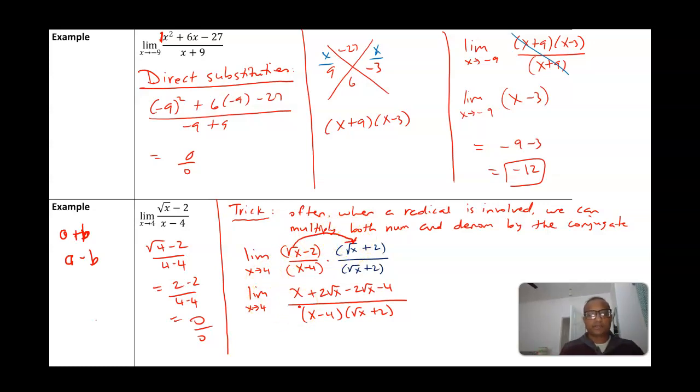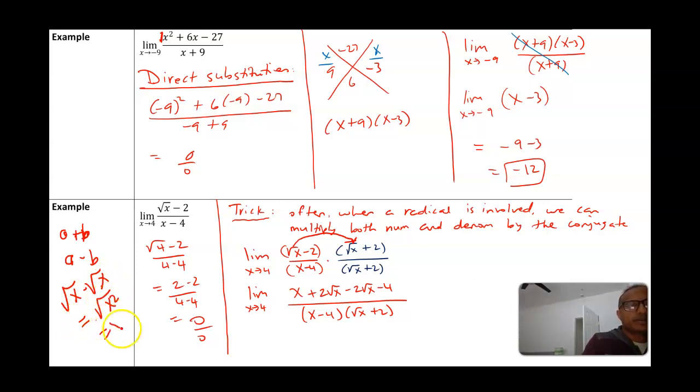Quick refresher, if you have radical x times radical x, that gives you a radical x squared, and a radical x squared is just equal to x. So when you multiply the same radical by itself, we get that term without the radical. So radical x times radical x is x. Then we have a 2 radical x and a negative 2 radical x. So those are going to add to be 0, and negative 2 times 2 is negative 4.